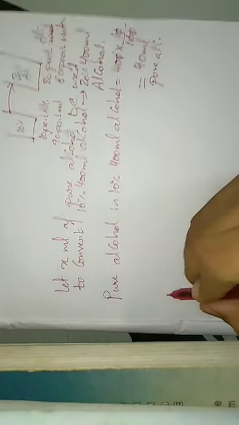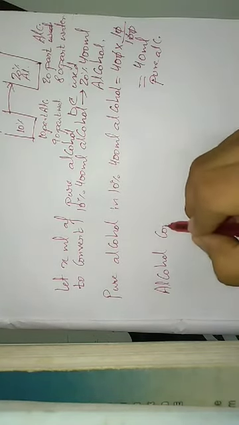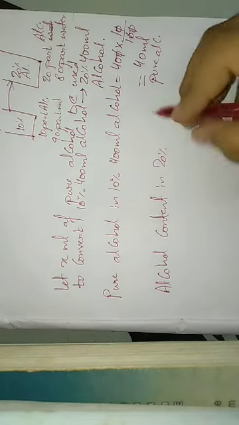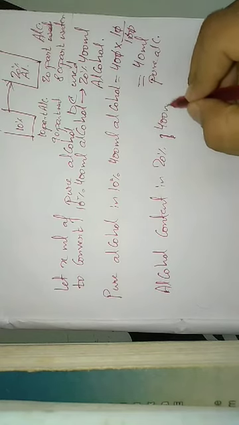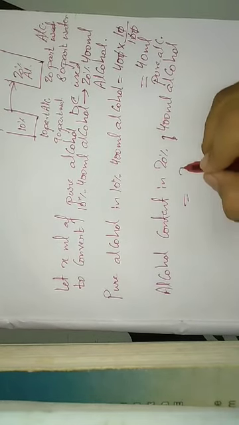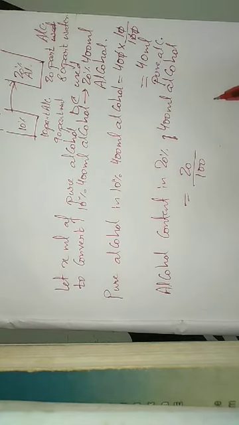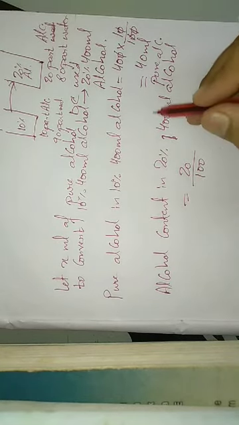So the alcohol content in 20% 400 ml alcohol: what is it? It is 20 by 100 into, is it now only 400 ml?